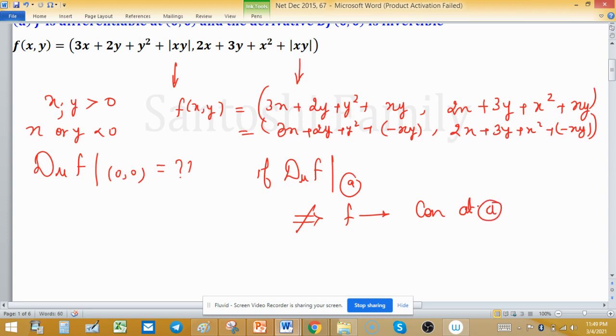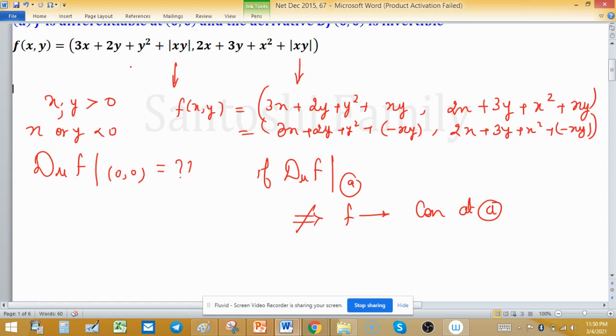All directional derivatives may exist everywhere, but the function is not continuous at that point a. Now we need to investigate further, but if the function is not differentiable, then the function is not continuous. We have direct results.